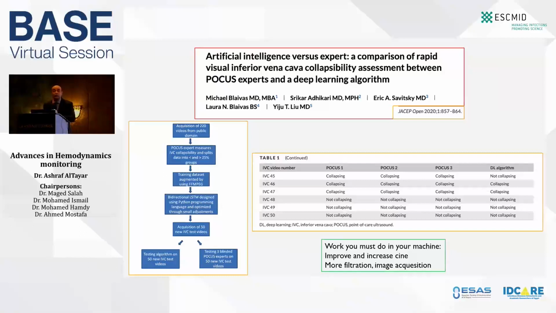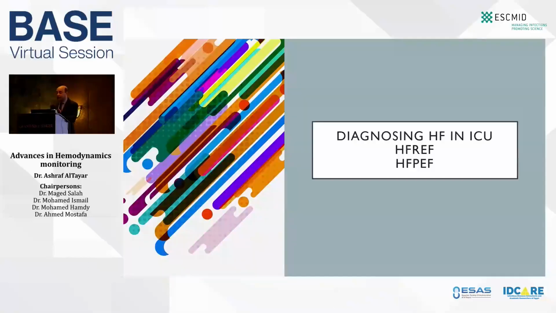So the machine can do the job without sophisticated measurement. But again, you are the determinant of the study. You are doing the study, and the machine is going to apply the principles and give you the calculation, and that's it.